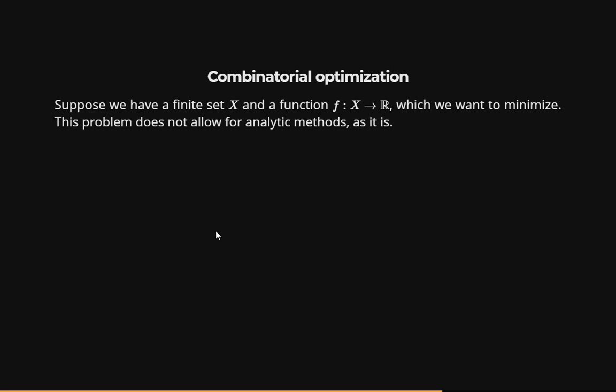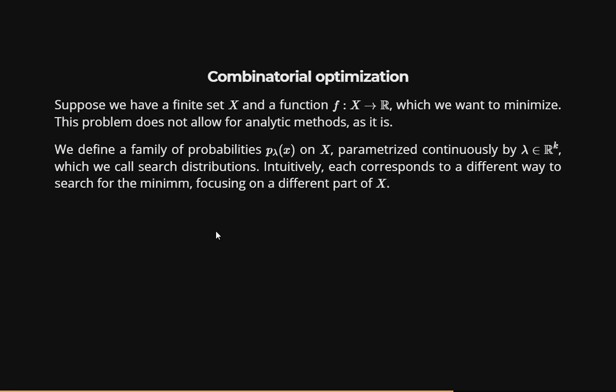So you have a number of objects, and you have a function on those, and you want to find the minimum, like the strings of an alphabet or something like that. I mean, you cannot apply the procedures we talked about, which were the Riemannian gradient descent or the gradient descent. You can transform it, however, into a continuous problem with probability distributions.